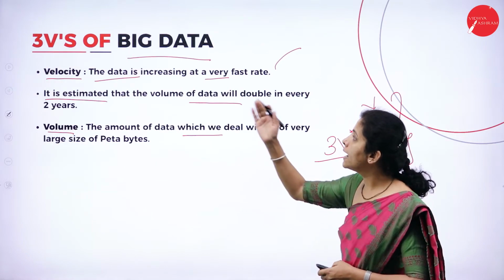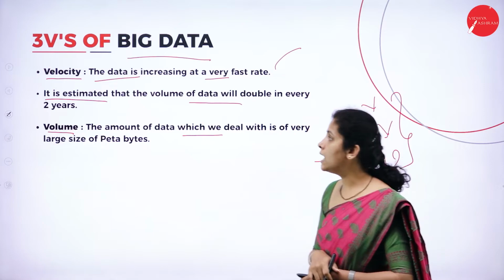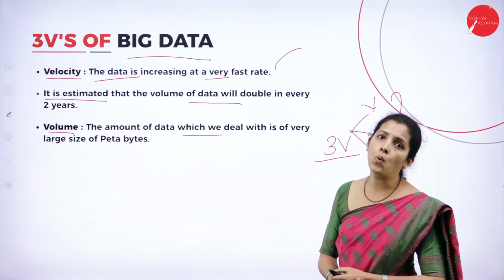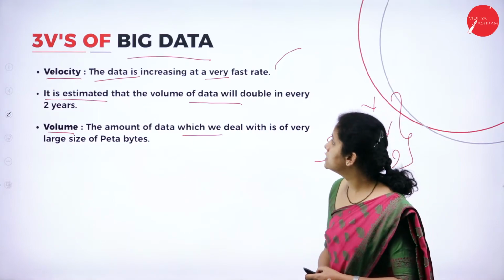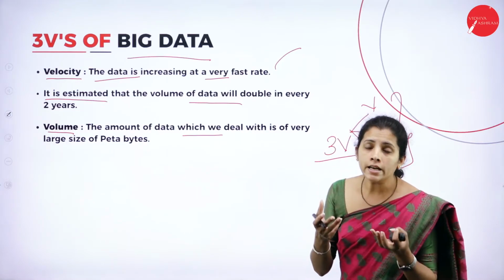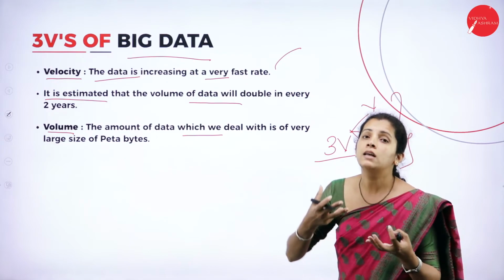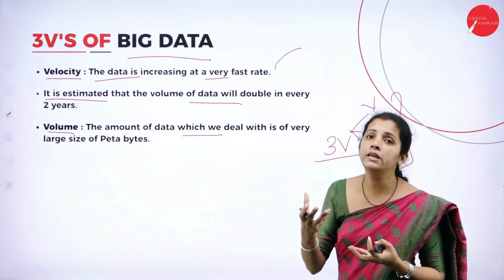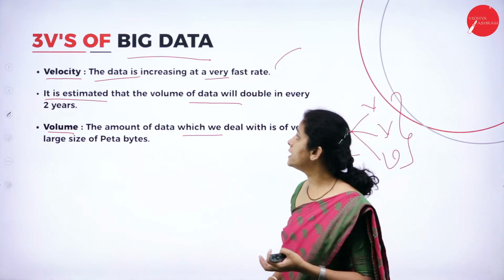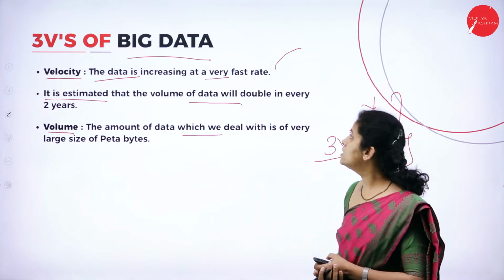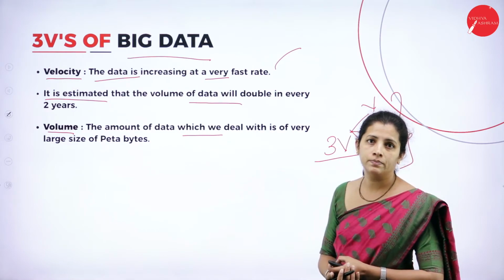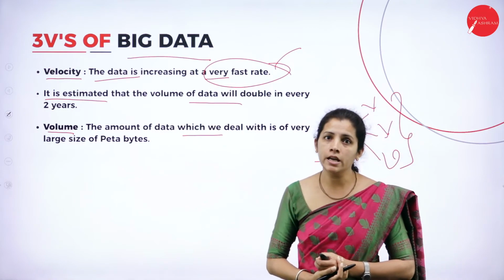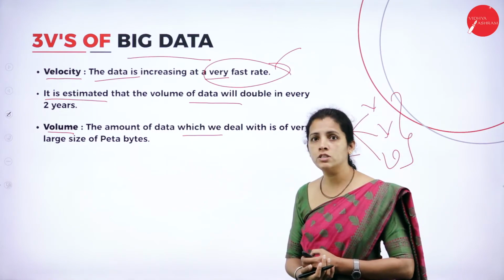So dear student, when I talk about the characteristics of big data, I have 3 V's. One is velocity. So what is this velocity? That is nothing but the rate, that means how fast the data are going to be generated. So speed of the data. Data is increasing at a very fast rate, that is known as velocity.